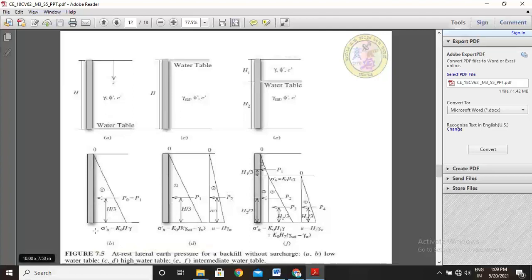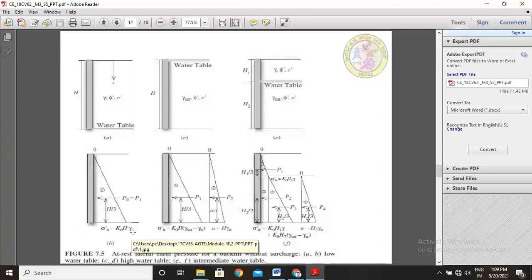See here. Draw the retaining wall and the bottom horizontal line, and the earth pressure distribution diagram is plotted as a triangle. Pressure at the top is 0, and pressure at the bottom is sigma dash h equals K naught times h times gamma. Pressure means you multiply the density of soil by the height of that particular layer.